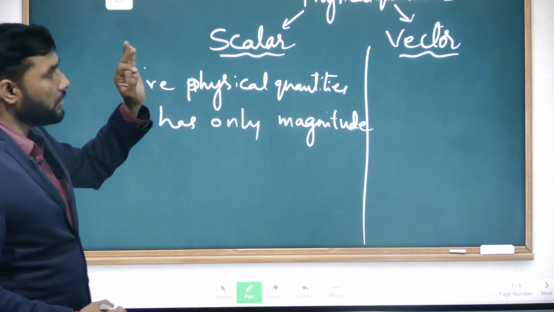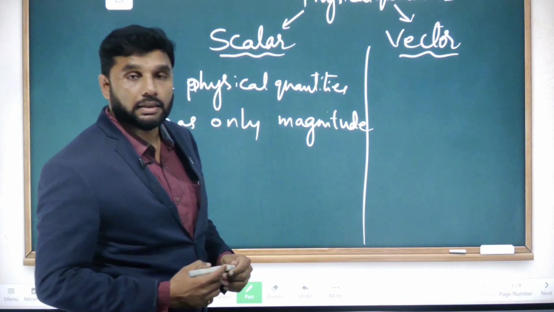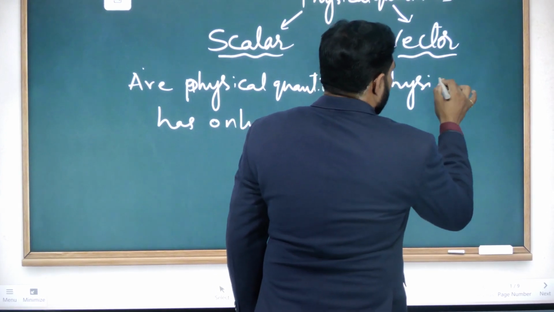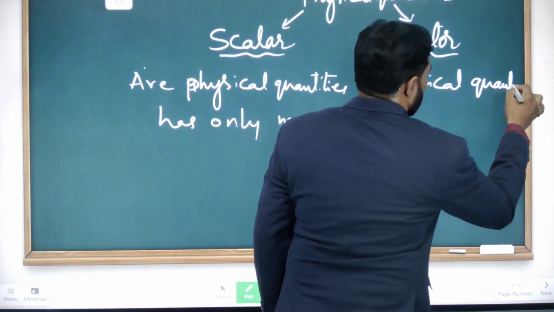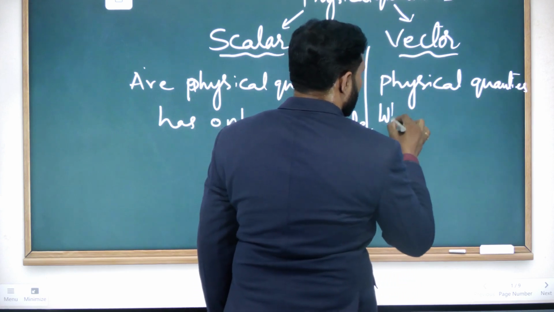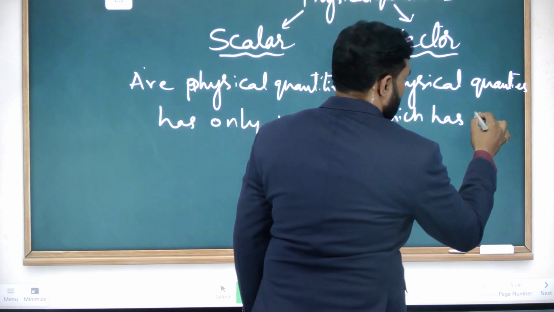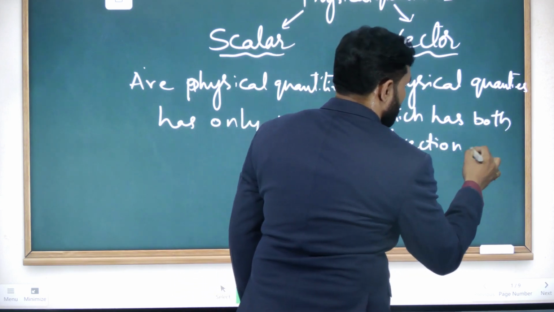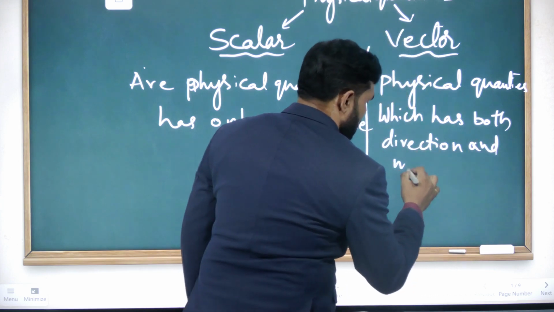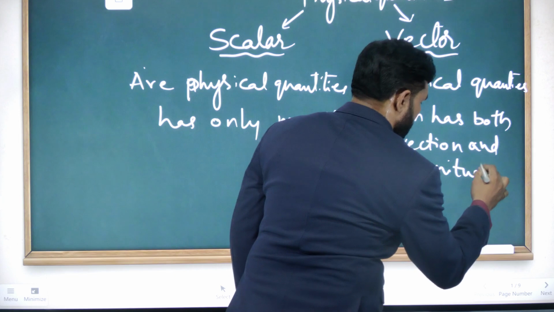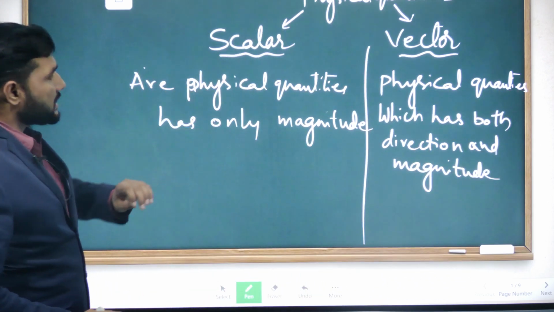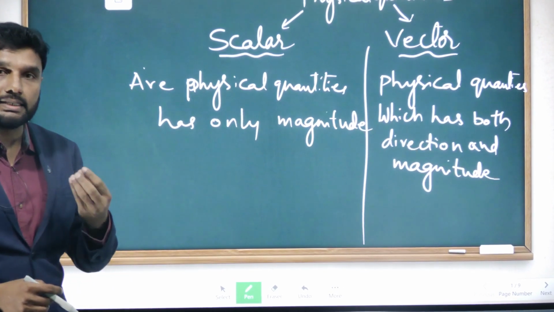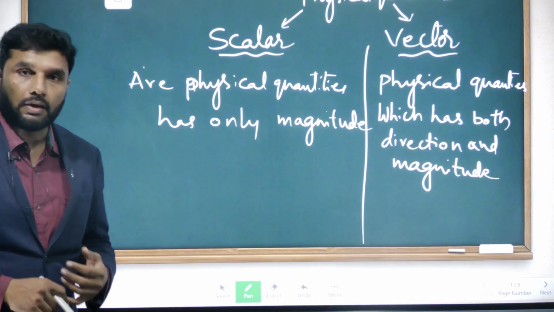Okay, coming to vector quantities: vector quantities have direction as well as magnitude. The physical quantities which have both direction and magnitude, for example velocity or force.